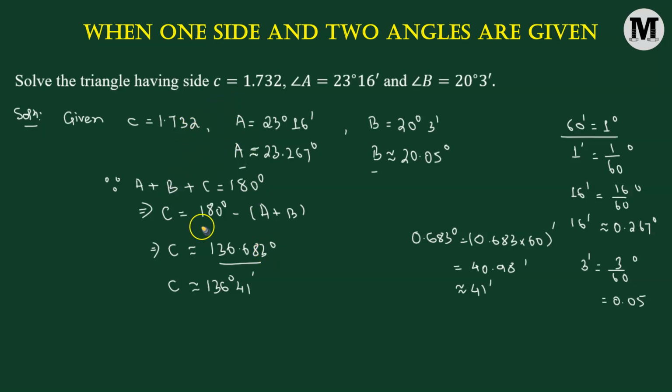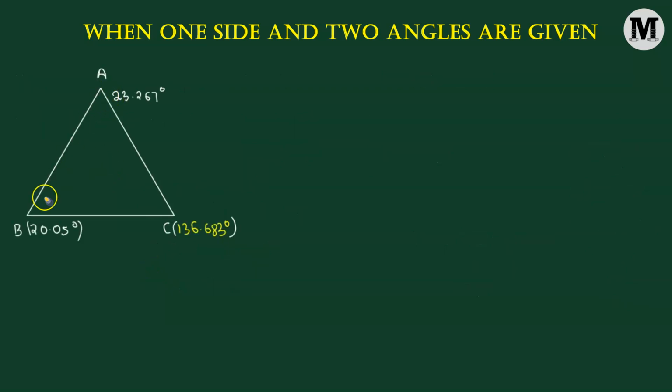Now let's try to understand the problem graphically. Here we have the triangle ABC. The angle measures of A, B and C are known. It's given that side c is 1.732. Side c is the side opposite to angle C, so we denote side AB by the lowercase letter c. That is given as 1.732, the measure of side AB.